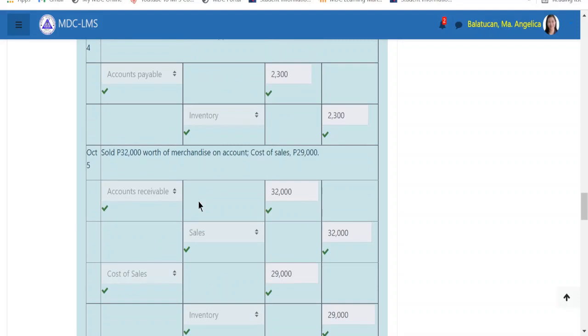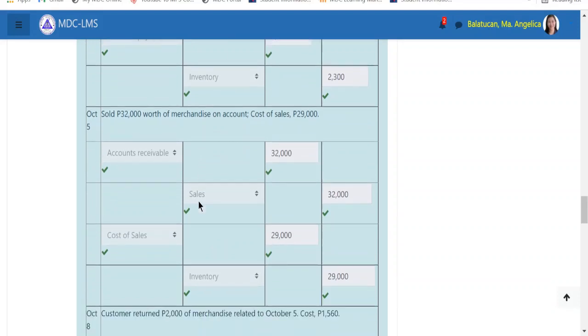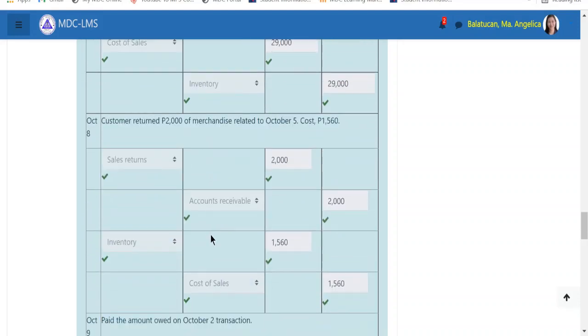Sold 32,000 worth of merchandise on account. So whether it's on account or for cash, we need to record additional entry for the cost of sales. So debit cost of sales, credit inventory, and we will use the cost. Next, customer returned 2,000 of the merchandise on October 5.